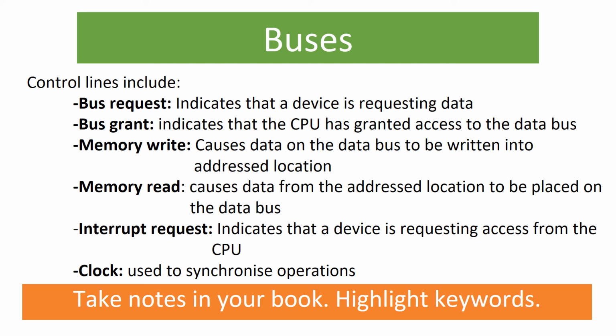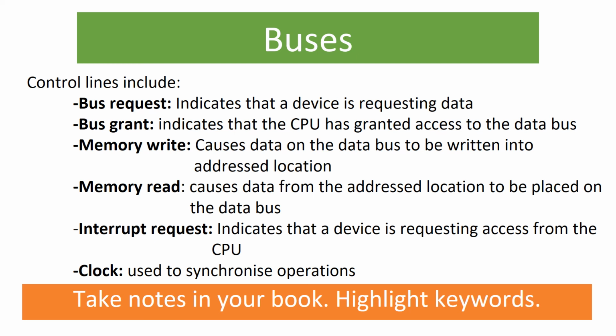You can do a memory read or write. So it can write that data into a certain memory location, or it can read it and carry that information on the data bus. If it's writing, it's taking the address where it's going to go. If it's collecting data or taking data to store in memory, it's going to use the data bus.